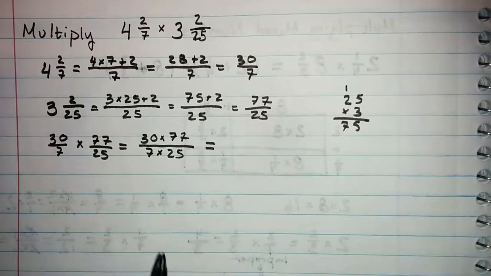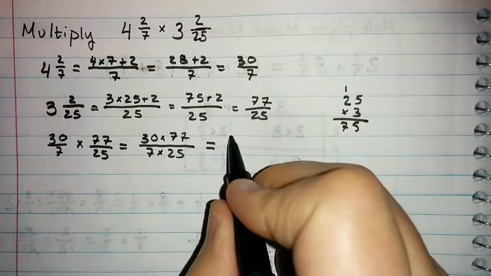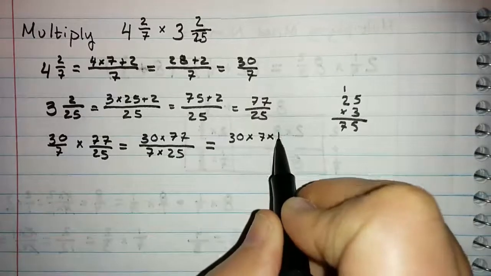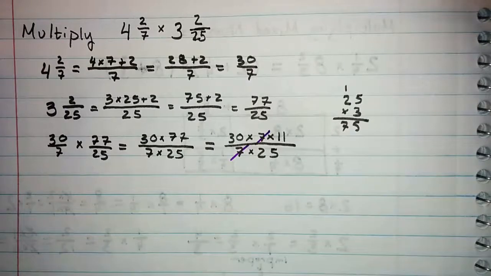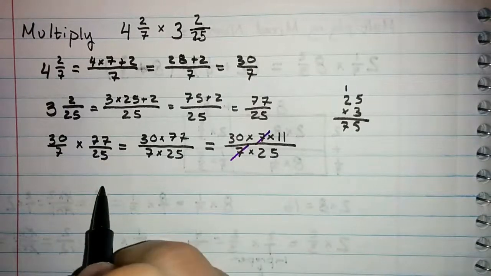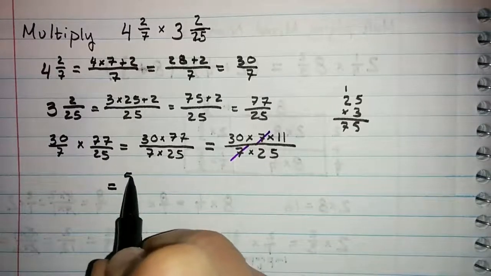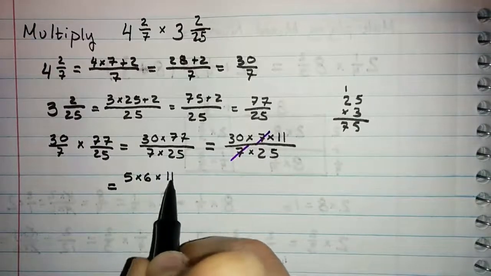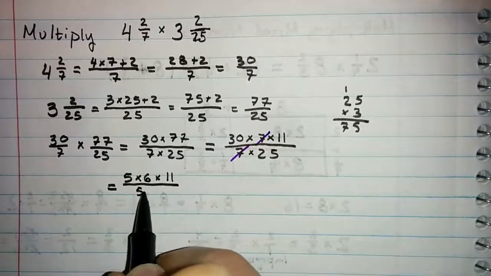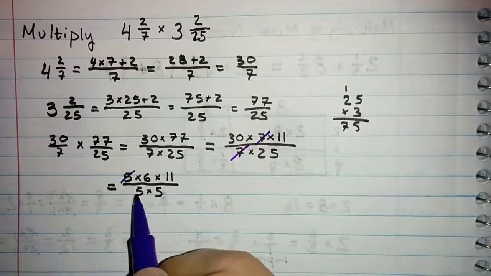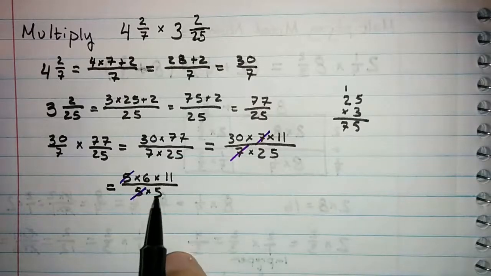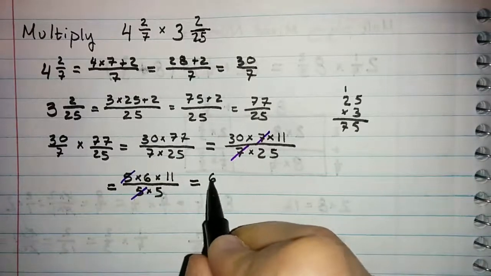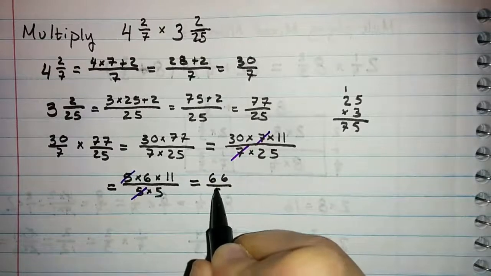I immediately spot a common factor of 7, because 77 is 7 times 11, so I'm able to cancel a common 7. And I think I see a common 5 as well. 30 is 5 times 6. 25 is 5 times 5. So I cancel a common 5. I'm left with 6 times 11 fifths, or 66 fifths.